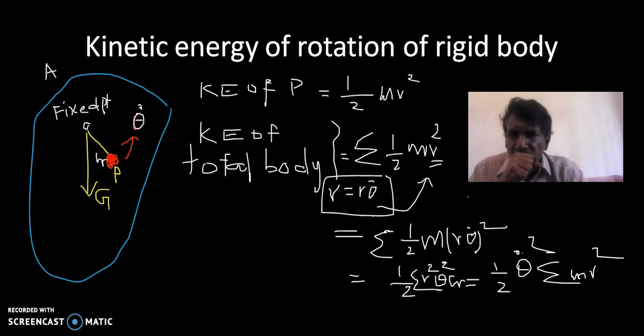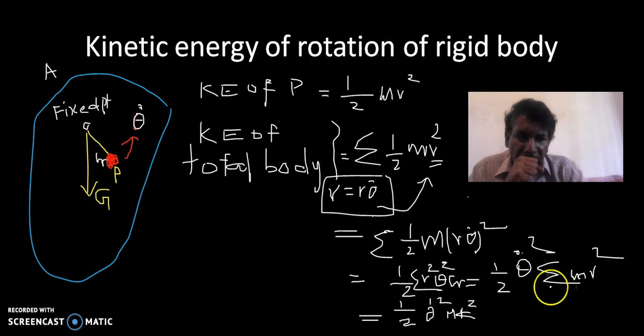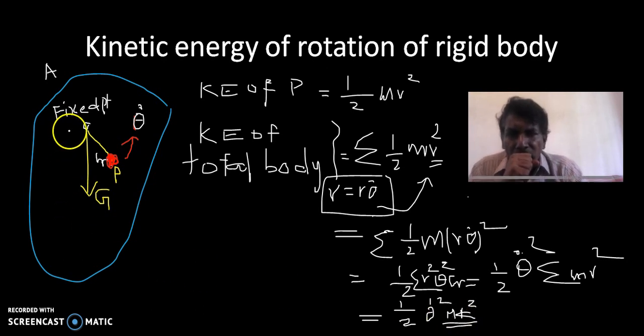So we can write this as 1 by 2 into theta dot square into m k square, where m k square is the moment of inertia of the body about the fixed axis, with respect to this particular rigid body.